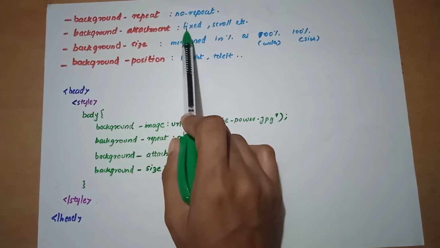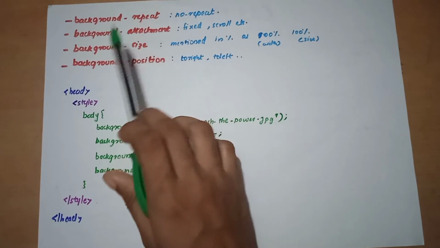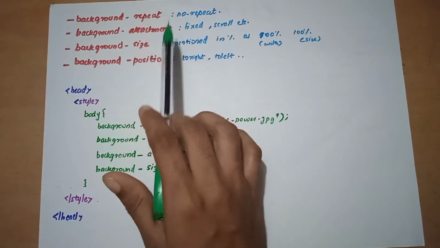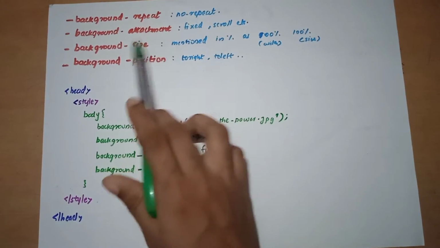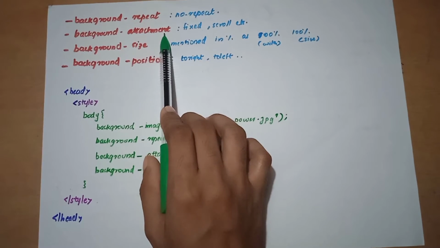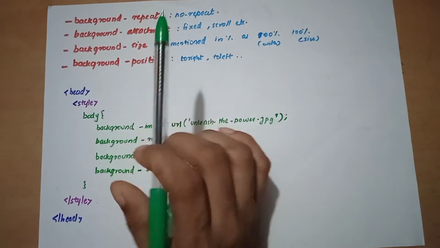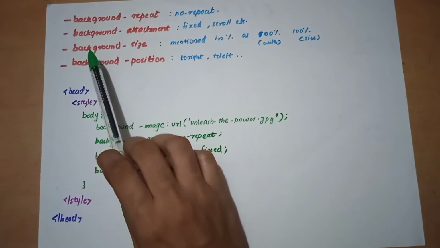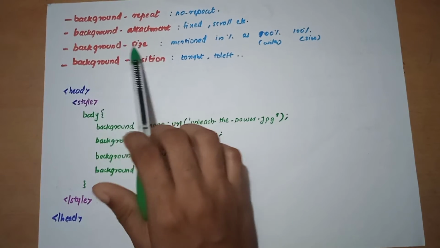If we give the value fixed, the web page background will be fixed. If you use the scroll value for this background attachment property, you can scroll the background as well. So next one is background size.